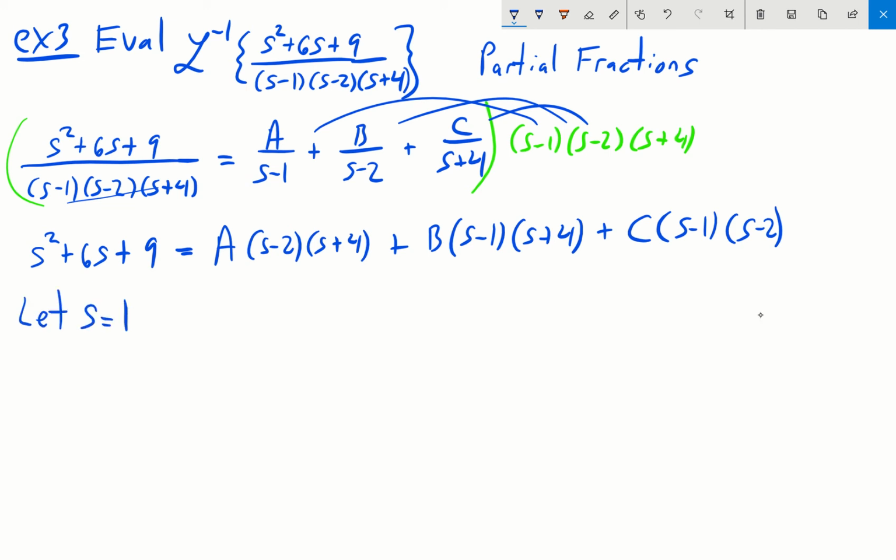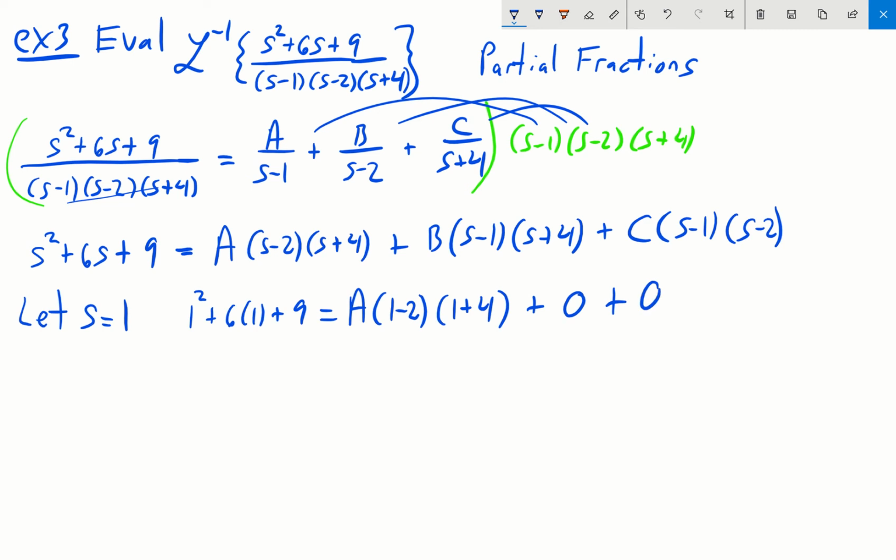If I plug that into this equation, we get 1 squared plus 6 times 1 plus 9 is going to be equal to A times 1 minus 2 times 1 plus 4, plus, plugging it into here is going to make this coefficient 0, so this whole term is going to be 0, and plugging s equals 1 into here is going to make this factor 0, so that whole thing is going to be 0 as well.